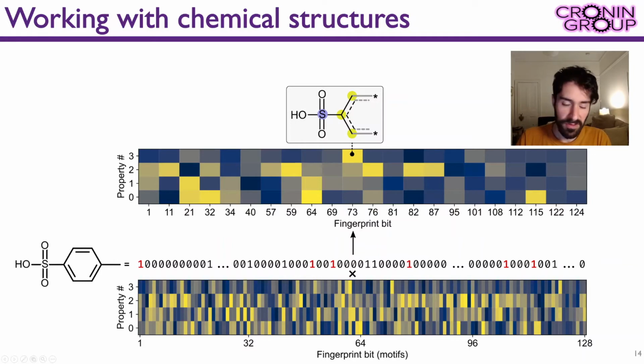And then you have to decide how to aggregate these to get the final properties for this compound. And what we used was the simplest possible reduction, which is to take the maximum. But you can imagine much more detailed models where there could be antagonistic interactions between properties, for instance.